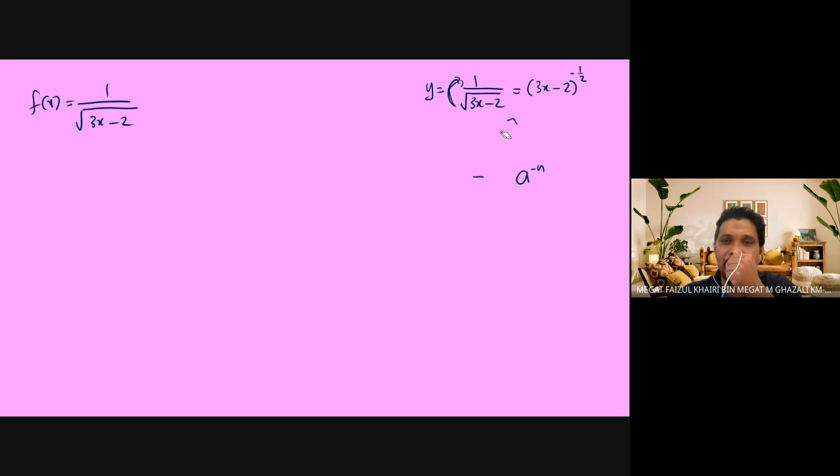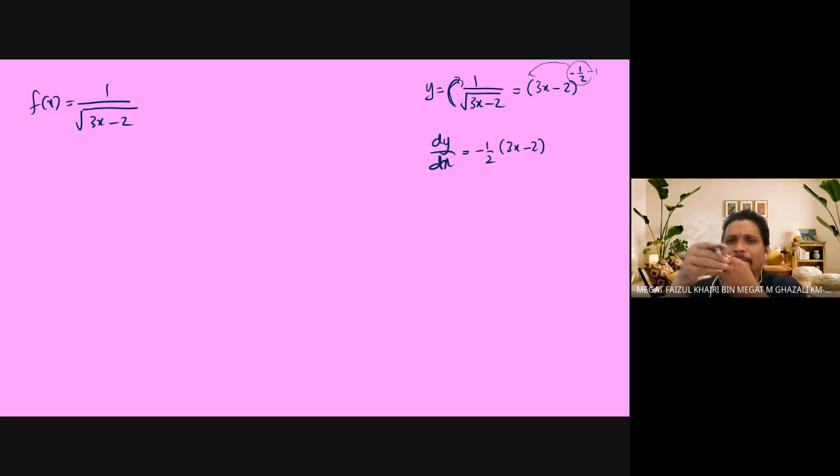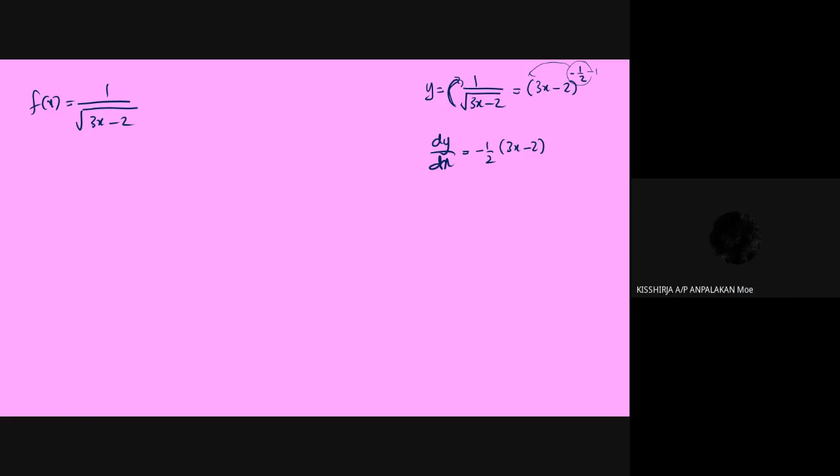So now our y prime or dy/dx equals negative half. Bring it to the front here: negative 1 over 2 times (3x minus 2) to the power of negative half minus 1.